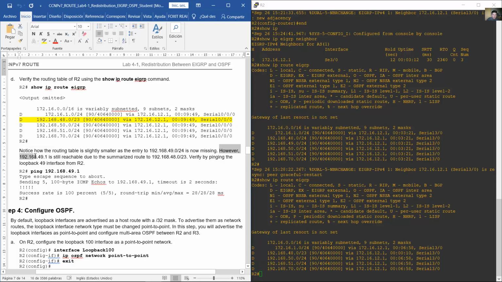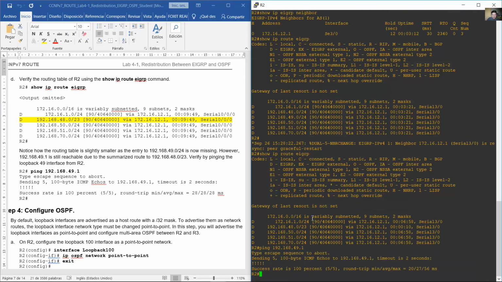However, 192.168.49.1 is still reachable due to the summarized route 192.168.48.0/23. Verify by pinging the loopback 49 interface from R2. Ping the loopback interface on R1, the 49 loopback, with this IP address 192.168.49.1. Success.